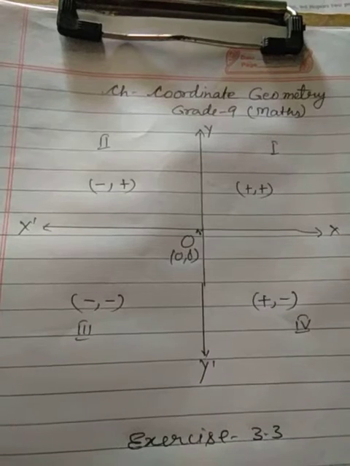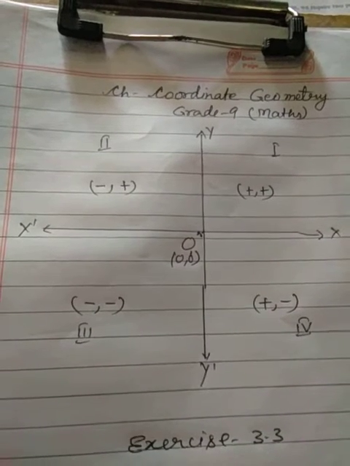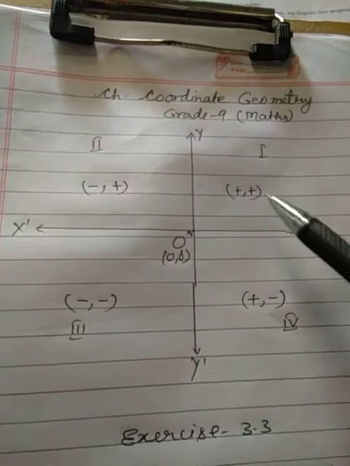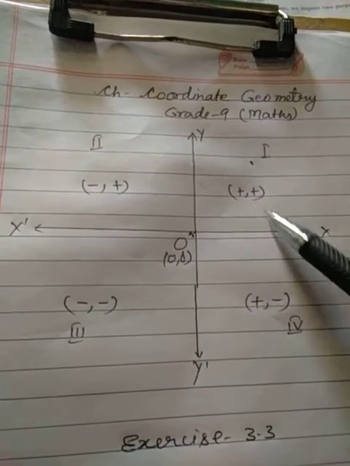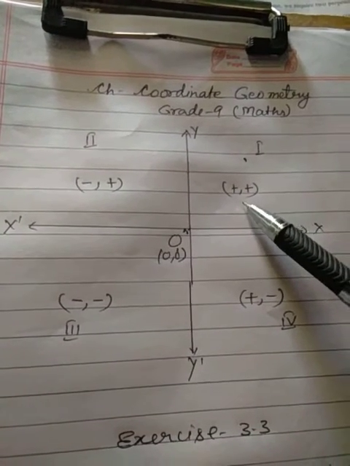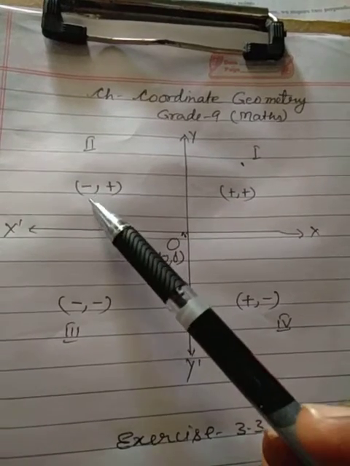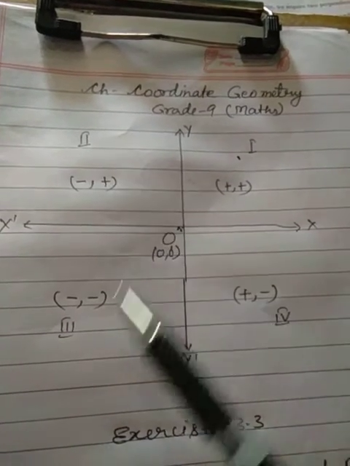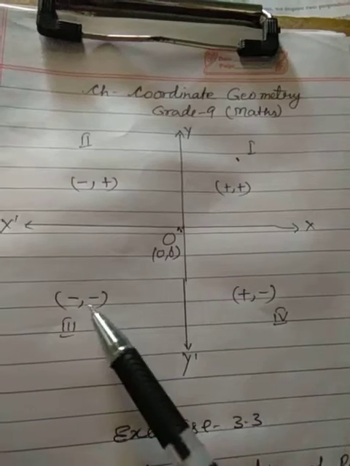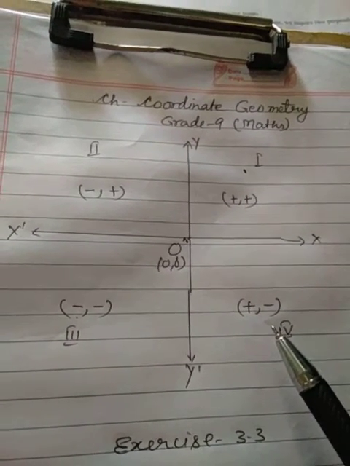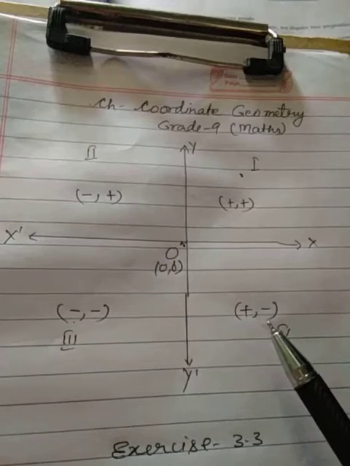Again, as a review, or you may say recap, this is the first quadrant. All the points lying in the first quadrant will be plus and plus. This is the second quadrant. This is minus and plus. The points lying in the third quadrant are minus minus, and the points which lie in the fourth quadrant are plus comma minus.